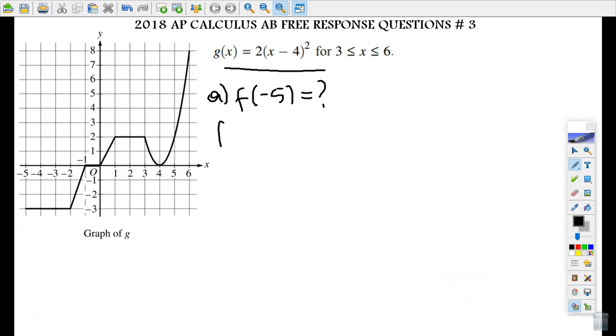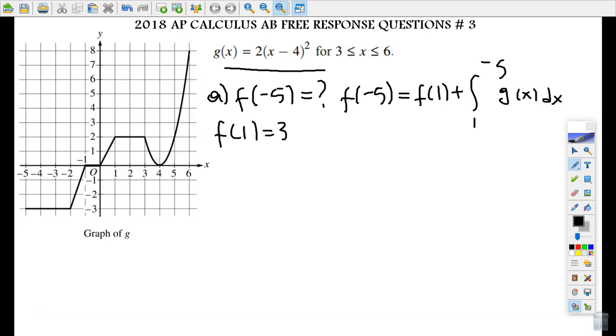We're also given this info, which is f of 1 is equal to 3. The way we can figure out the value of f of -5 is by this mathematical expression. f of -5 is going to be equal to f of 1 plus the definite integral from 1 to -5 of g of x.